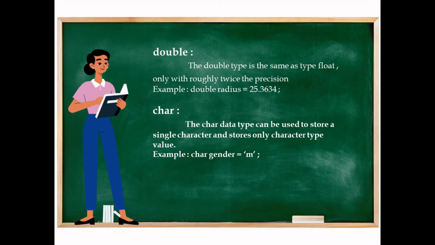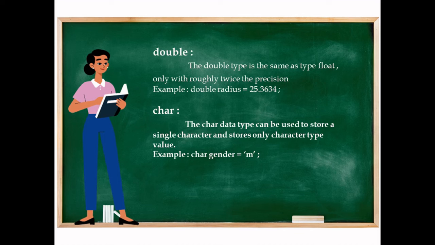So either signed or unsigned, char only uses 1 byte. If we declare a char data type, it goes with char gender equals single apostrophes open and closed, and inside we give 'm'. So a character data type should always be enclosed in single apostrophes.